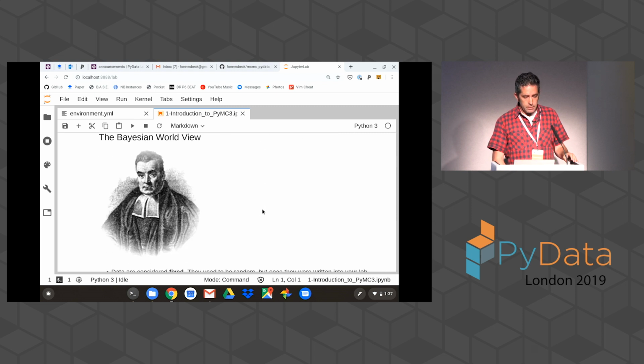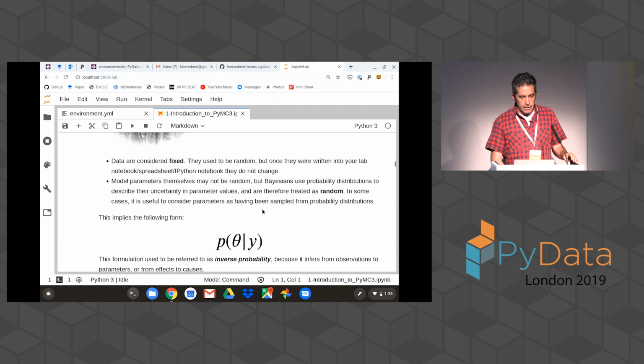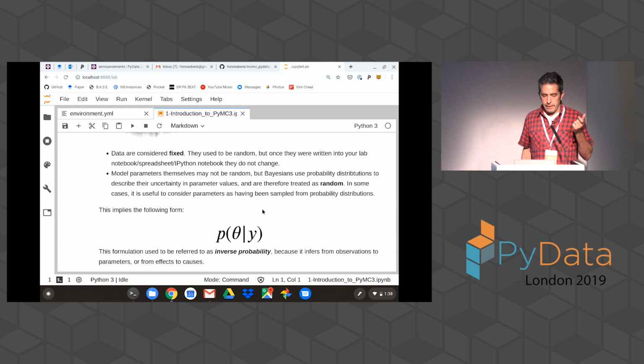If you're a Bayesian, like Thomas Bayes, you sort of see the world differently. You view the data as being fixed. They may have been generated by a random process, but once you've collected them or observed them, they're static, right? Every time you open your notebook, the same data are written down. They don't change. And so because they've been observed, we're gonna condition on those.